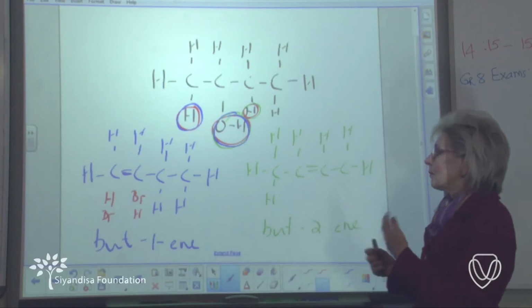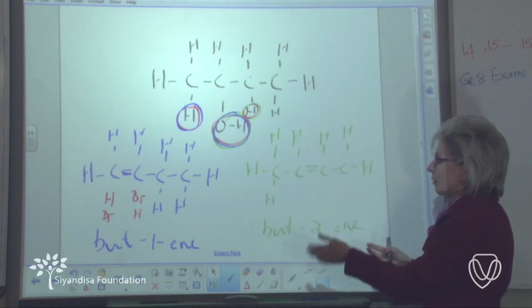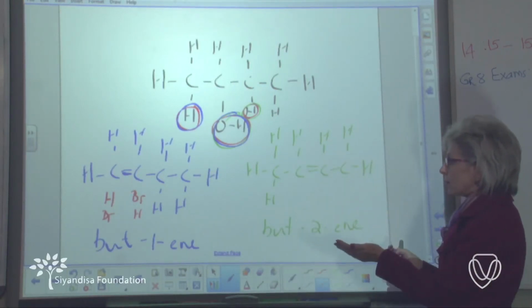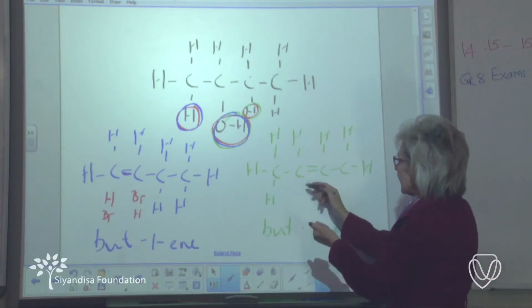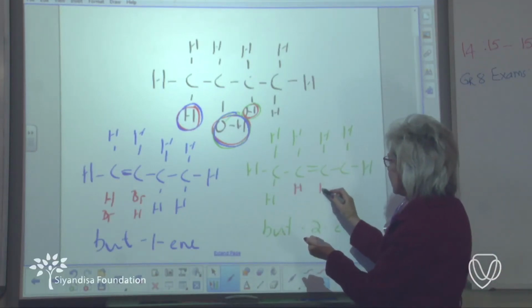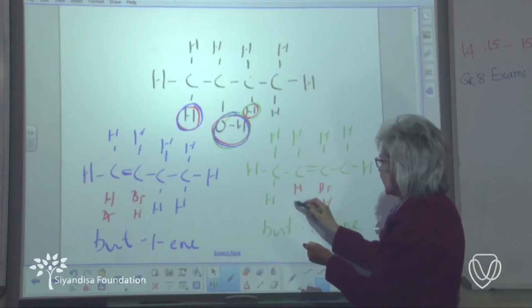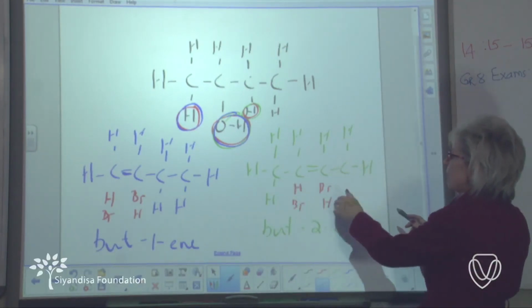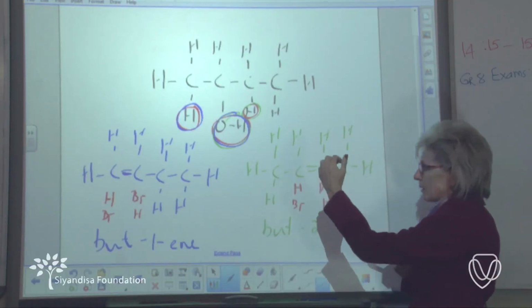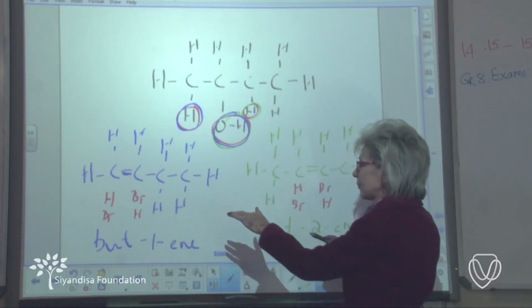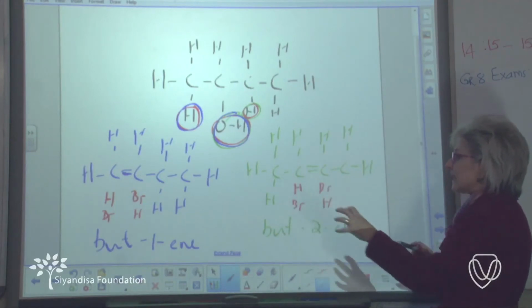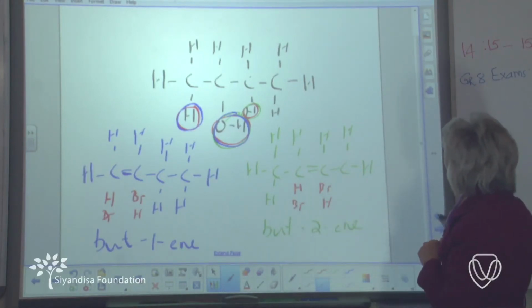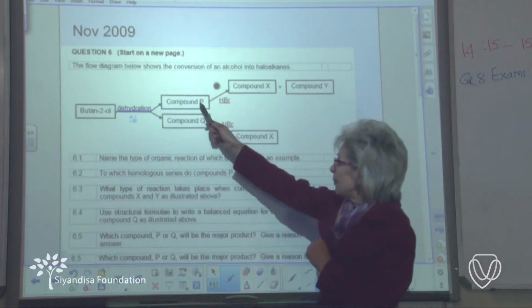That now determines which of these 2 is compound P and which one is compound Q. Just to point out again, if I added H here and Br there, or H here and Br there, I get the same molecule. They are both 2-bromobutane. But that one has got a 1-bromobutane and a 2-bromobutane, so but-1-ene was then, in my original question, compound P.